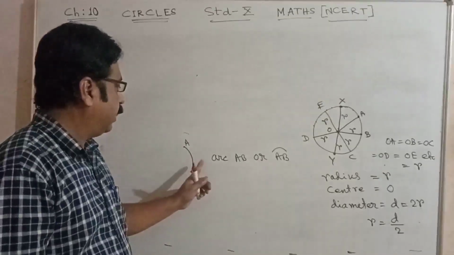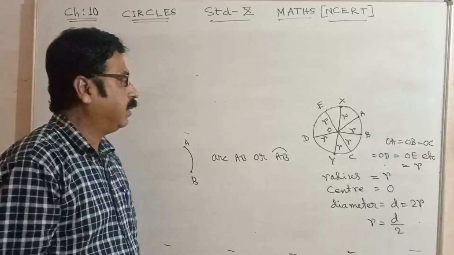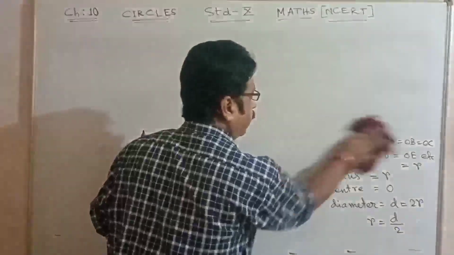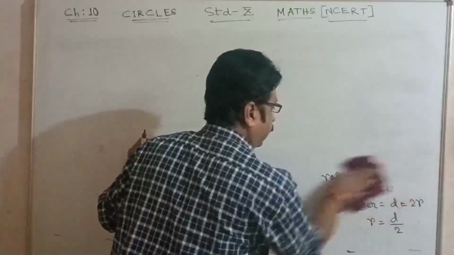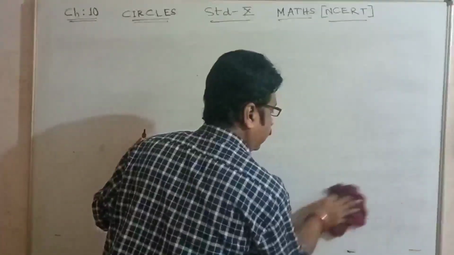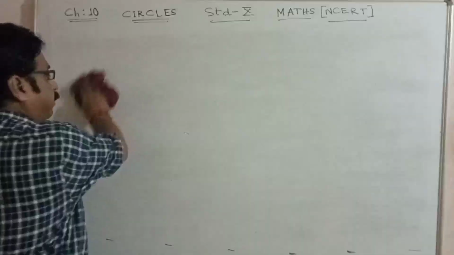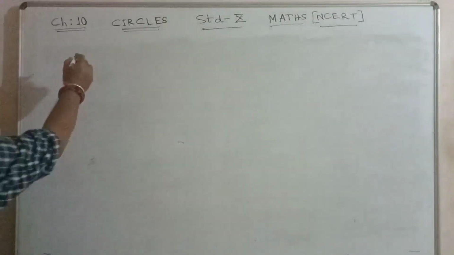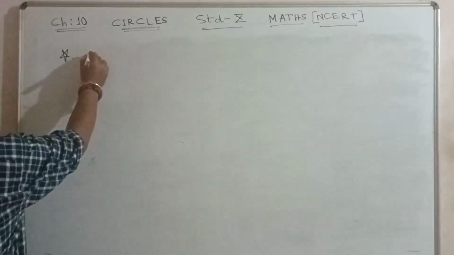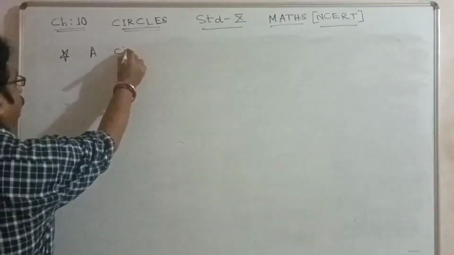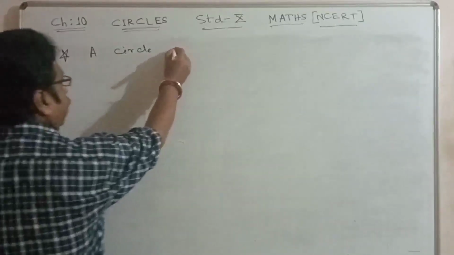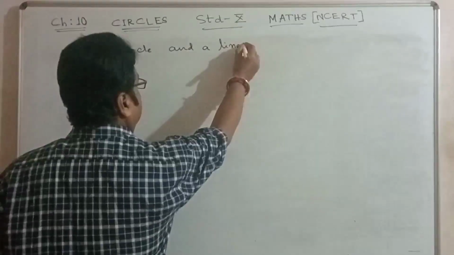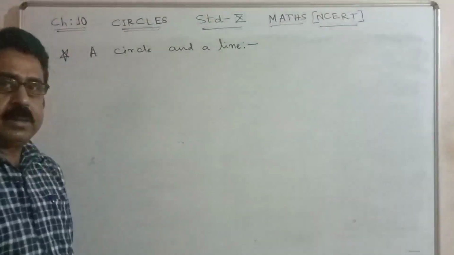Also we have known the arc of a circle. Next point, a circle and a line. Three possibilities are there.